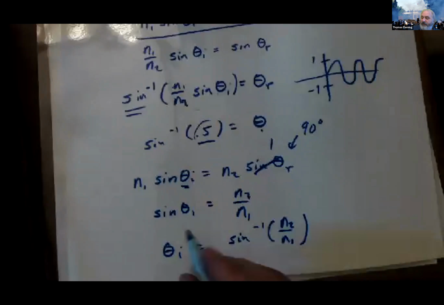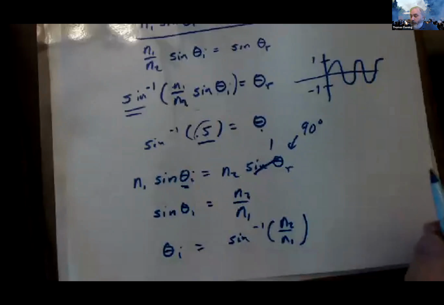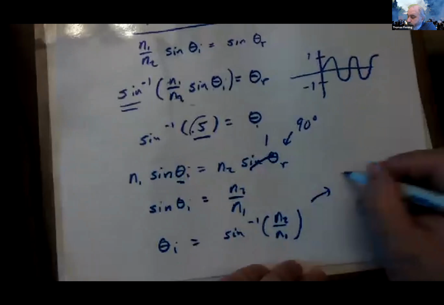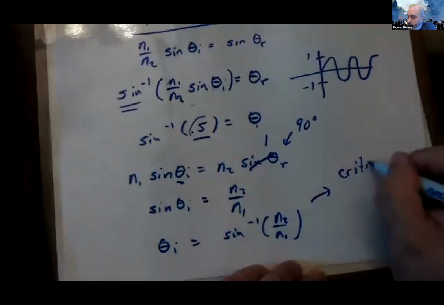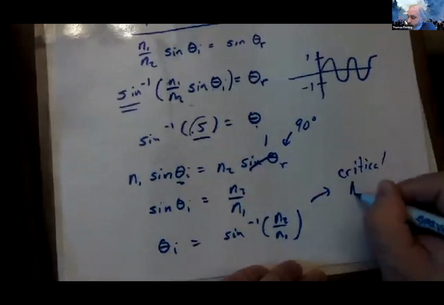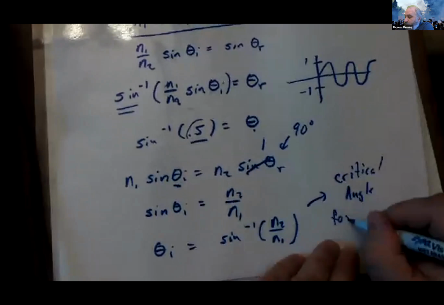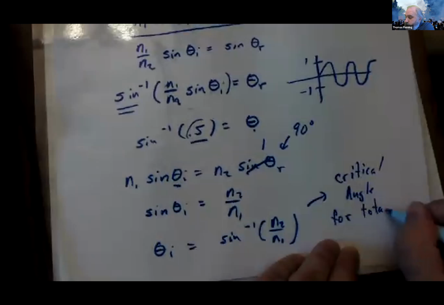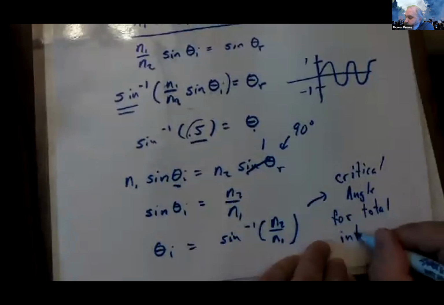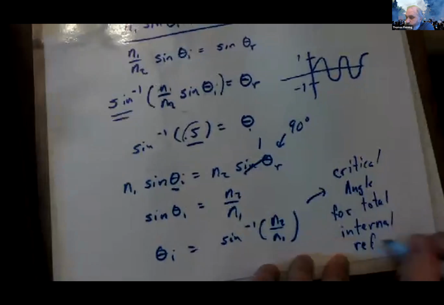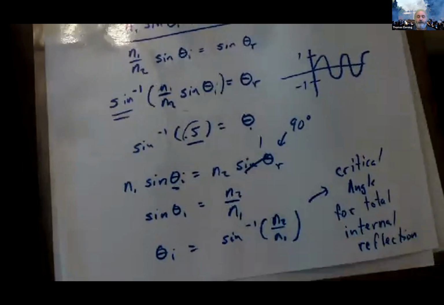And so this right here is what we call the critical angle for total internal reflection. And it's going to be the ratio of whatever N2 over N1 is.